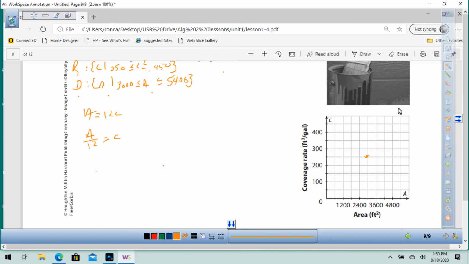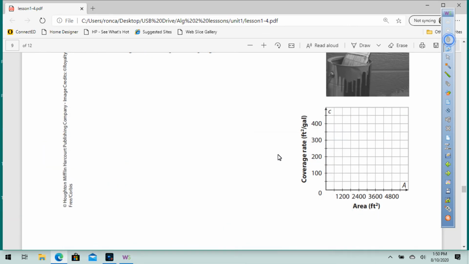And 450, and then 5,400 is going to be right about there. And there is our graph. Okay. And I got it right off of there, 250 and 3,000, and then 450 and 5,400. Good deal.